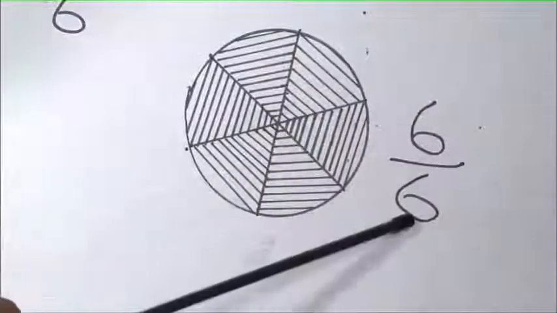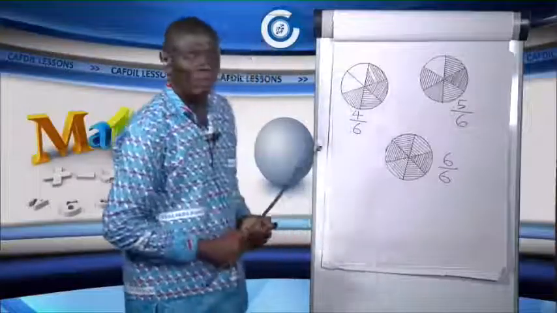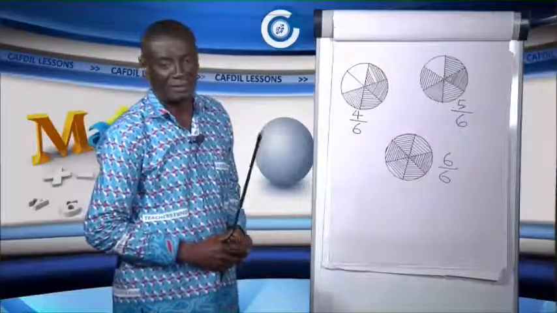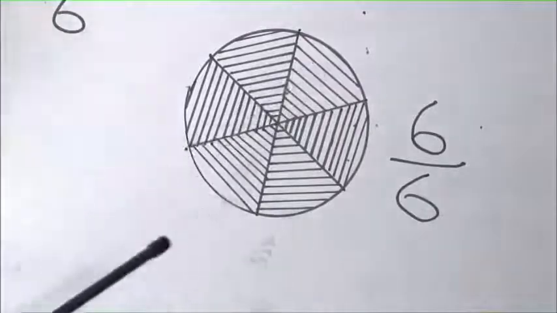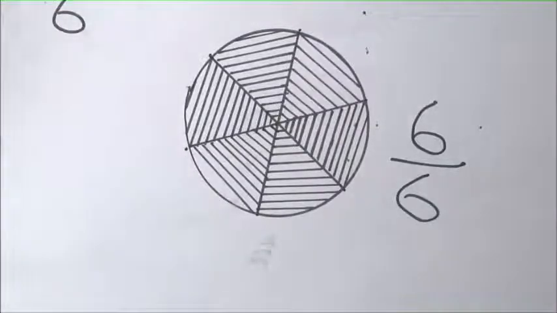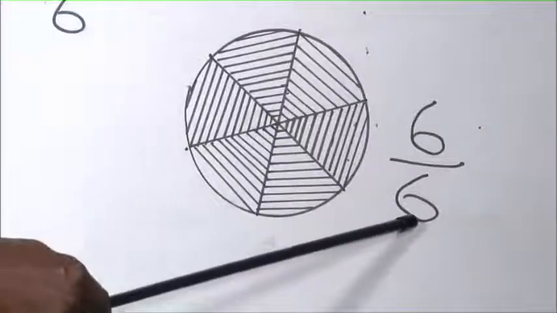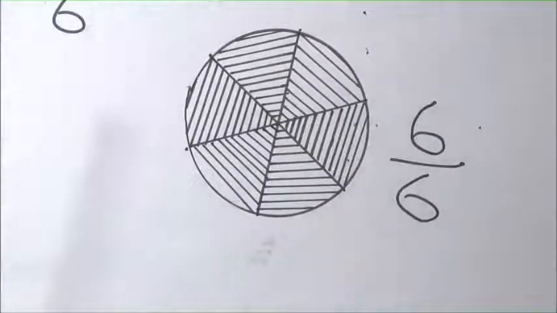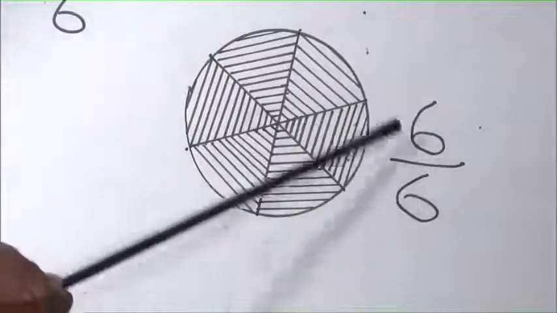6 sixths. But look at the circle again. What do you notice, children? The whole circle has been shaded. That is true. And so 6 sixths is another fraction for another number that will represent it.